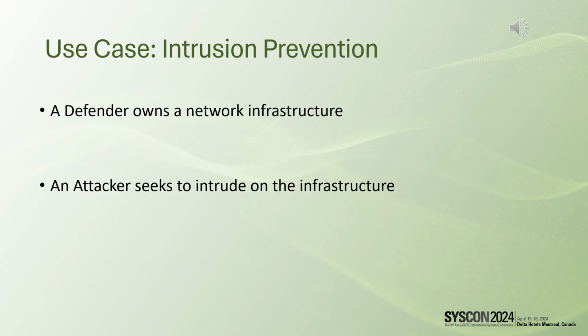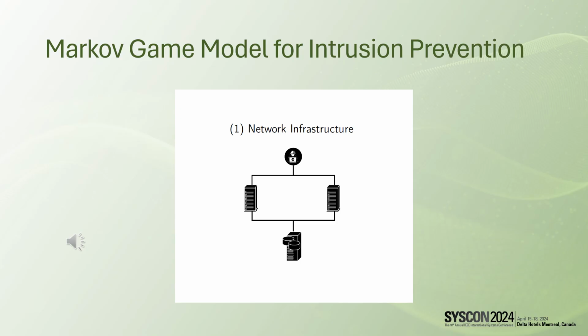So in our use case, intrusion prevention, a defender owns a network infrastructure and the attacker seeks to intrude on the infrastructure. As you can see here, the slide displays the list of components of the Markov game model applied to intrusion prevention and network infrastructure.